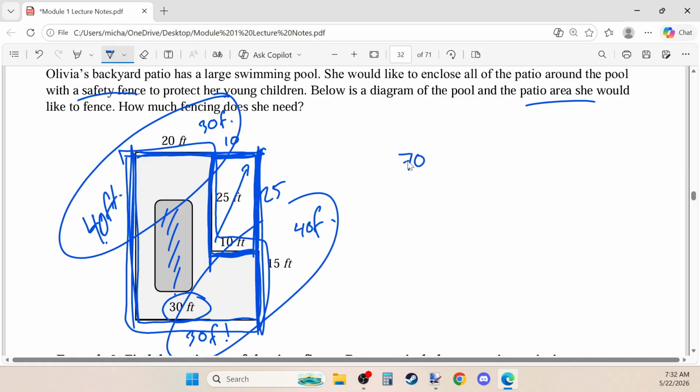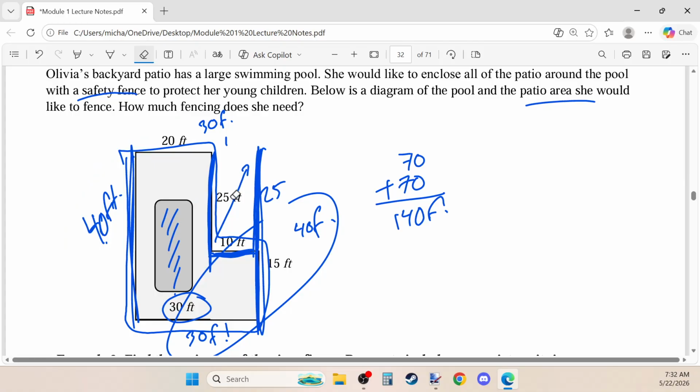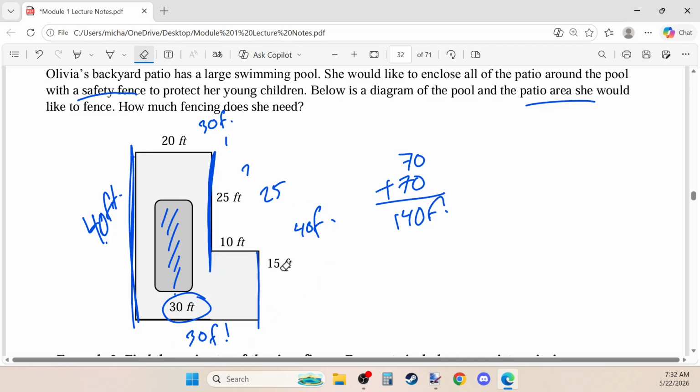That's 70 plus 70 is 140 feet. And yes, we did change the shape of the patio to do that, but we didn't change the length of the fencing. We can now use that 140 feet of fencing to do it on the edges that Olivia actually wanted, which were here. That's the same amount of fencing.